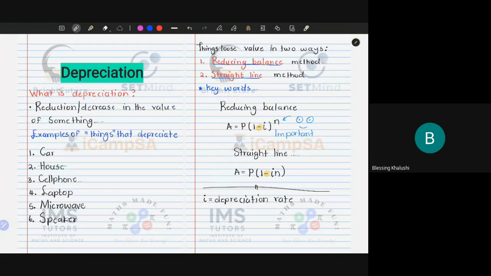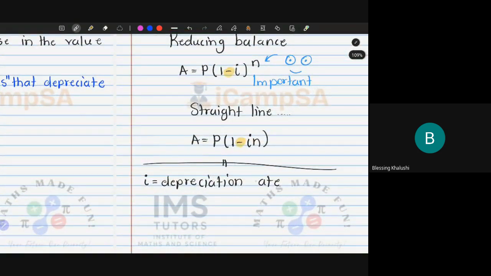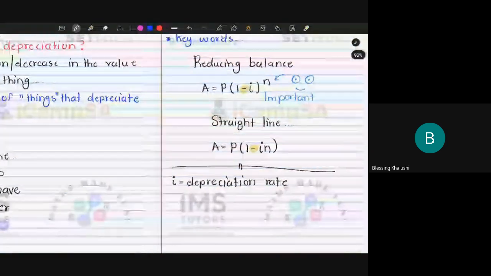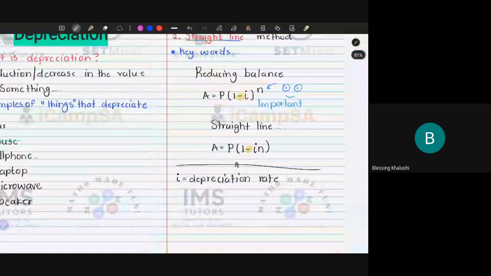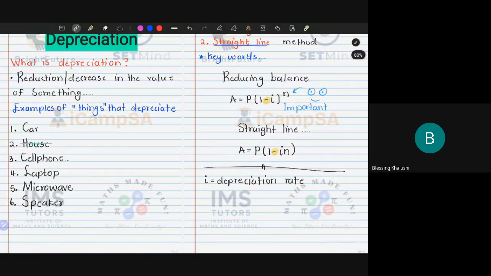So we cannot say wherever we see I, it is always the interest rate, guys. So this is the depreciation rate. Interest is giving the vibes that you're getting money and you're not here. Does it make sense? Why the I has changed? It is the depreciation rate, not the interest rate.